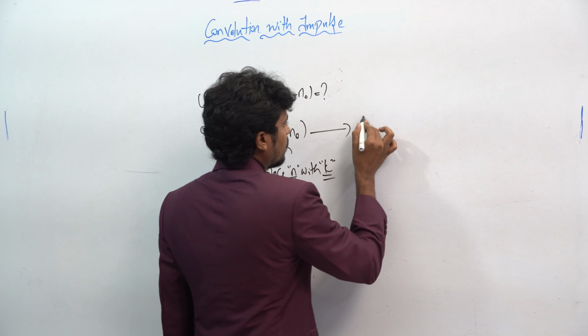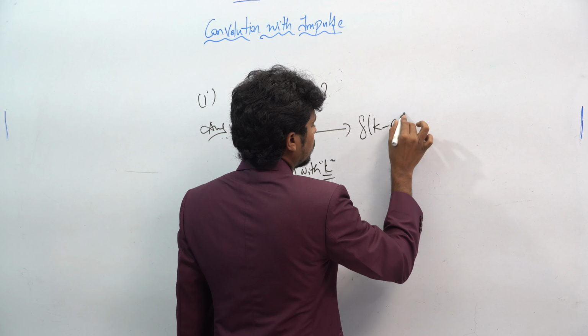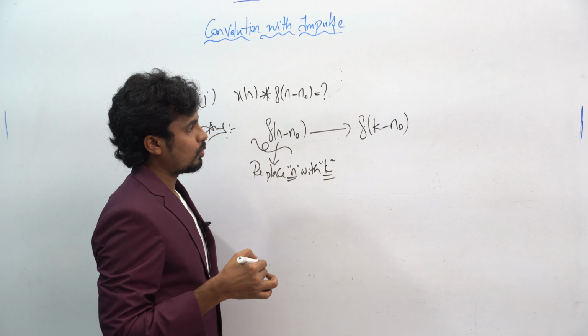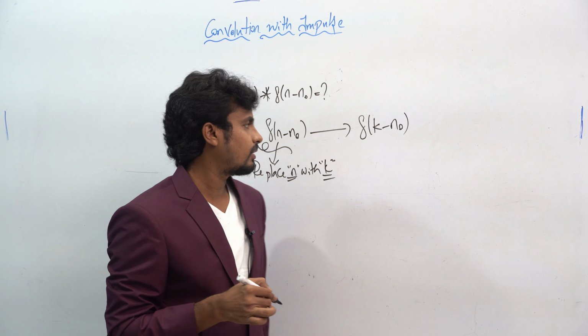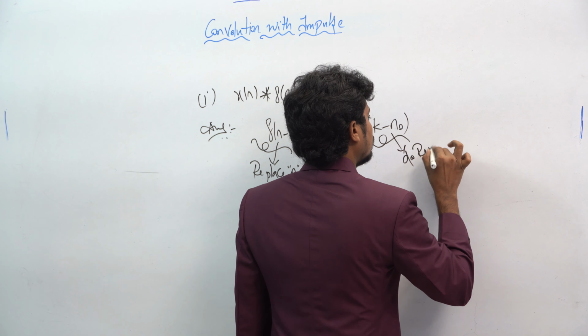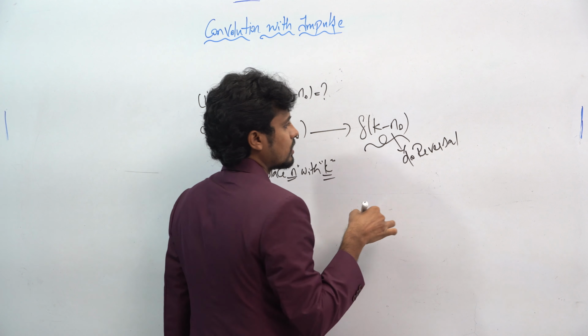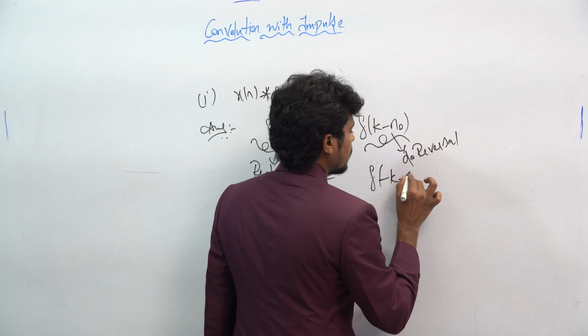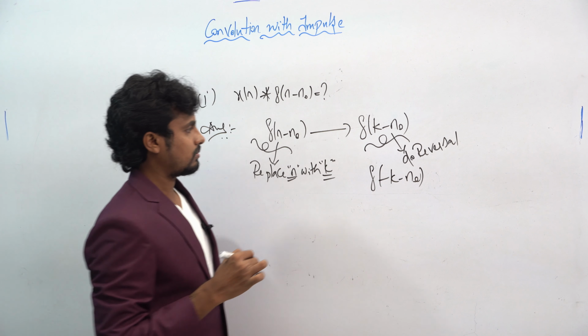So this becomes del of k minus n naught. Now what we have to do is the reversal operation. Do the reversal now. So this becomes del of minus k minus n naught.